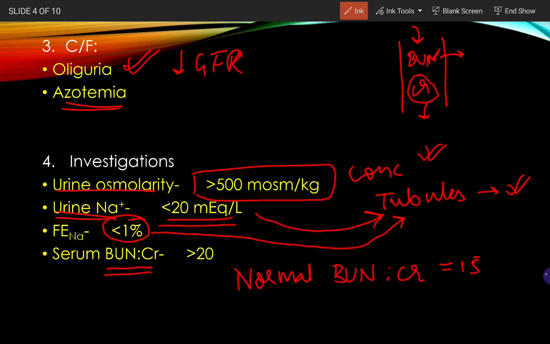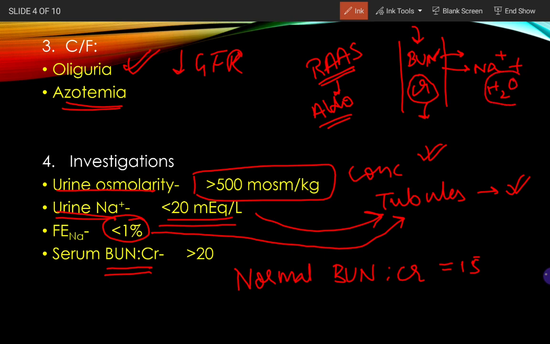Now, in this case, when you have hypovolemia, other mechanisms are stimulated. There's stimulation of the RAAS system because of decreased cardiac output, and this leads to release of aldosterone. Now, what does aldosterone do? Aldosterone leads to increased reabsorption of sodium and water from the tubules.